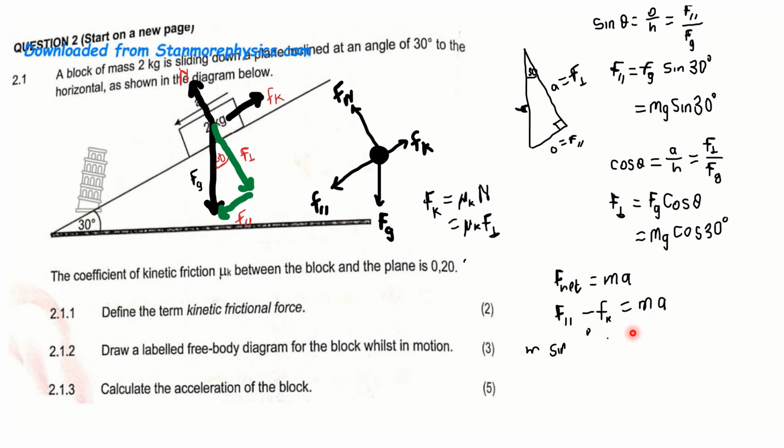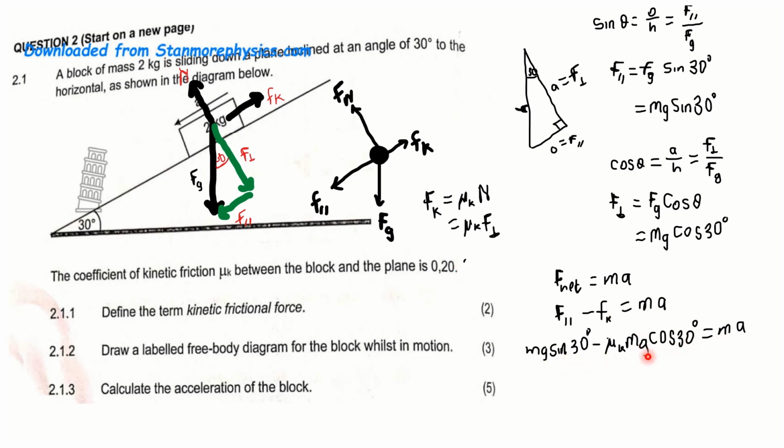After substituting, you will realize that we are going to have mg sin 30 minus mu. Then instead of writing F perpendicular, we'll write mg cos 30 like this. Mg cos 30. From there, we will say equals ma like that. From there, it's just a matter of substituting. We know the mass is 2, we are given, there is 2 here, 2 kg. Gravity we know is 9,8.